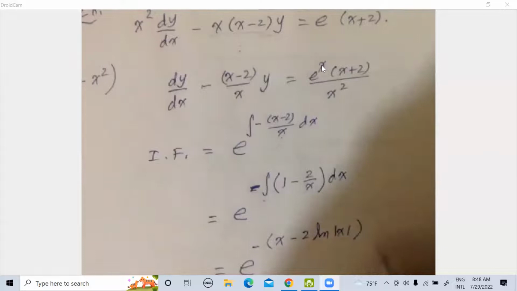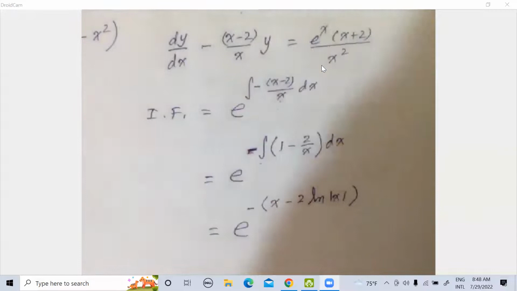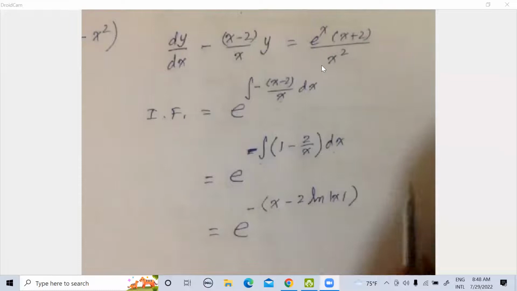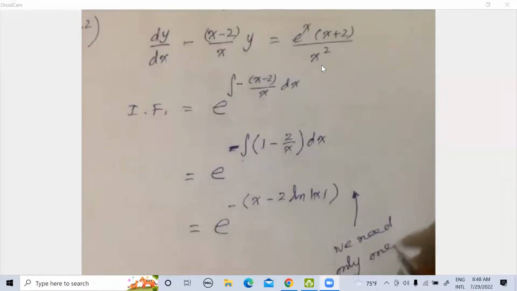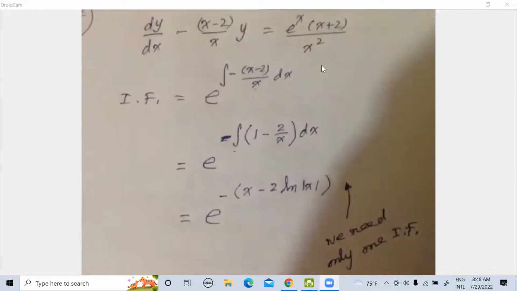Now we don't put a constant here. When you integrate, you put a constant, but I just took this part. We need only one integrating factor, only one IF. Therefore C is not needed; we can take C to be 0.